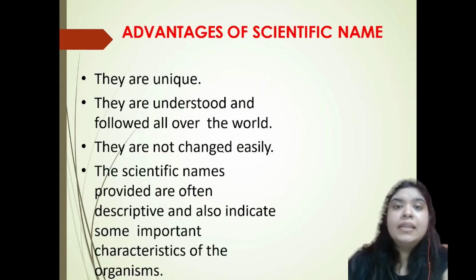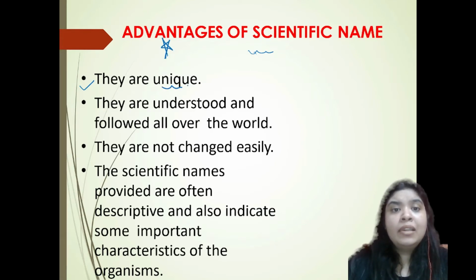So let us see now what the advantages of giving such scientific names are. The first and foremost is that they are unique and belong to that particular organism. It is not a common name that could be designated to all the organisms of that particular species. This is going to be a unique name.